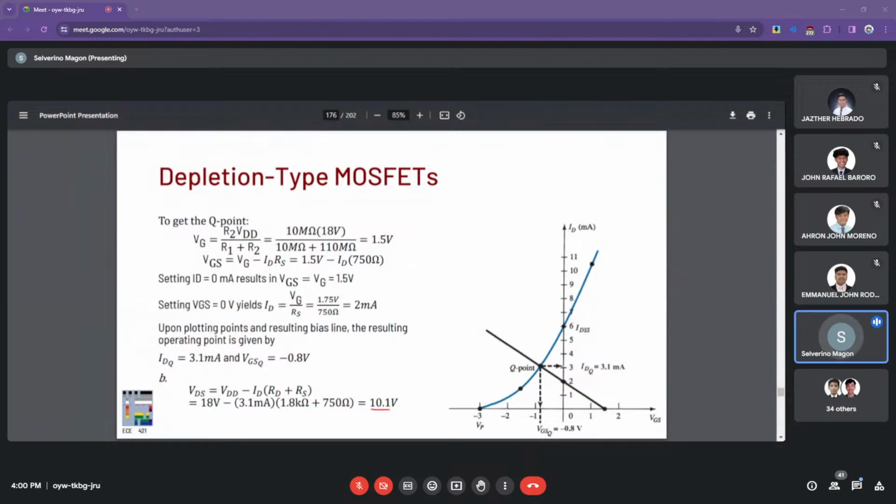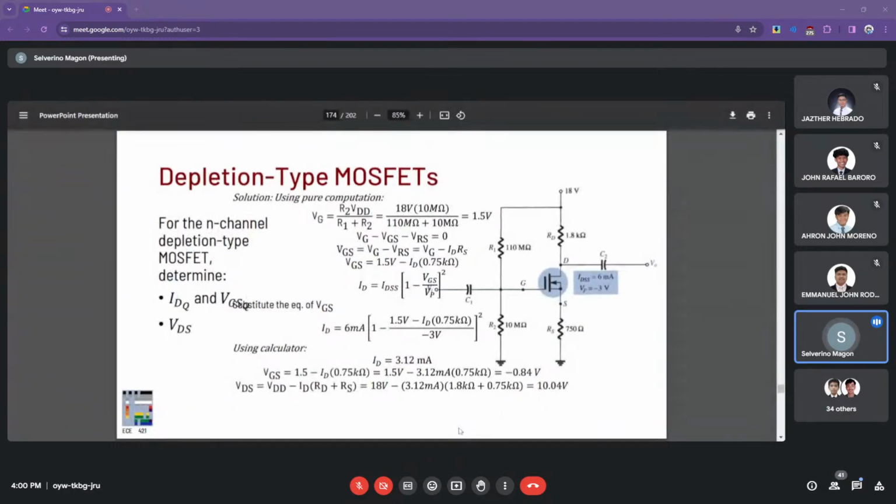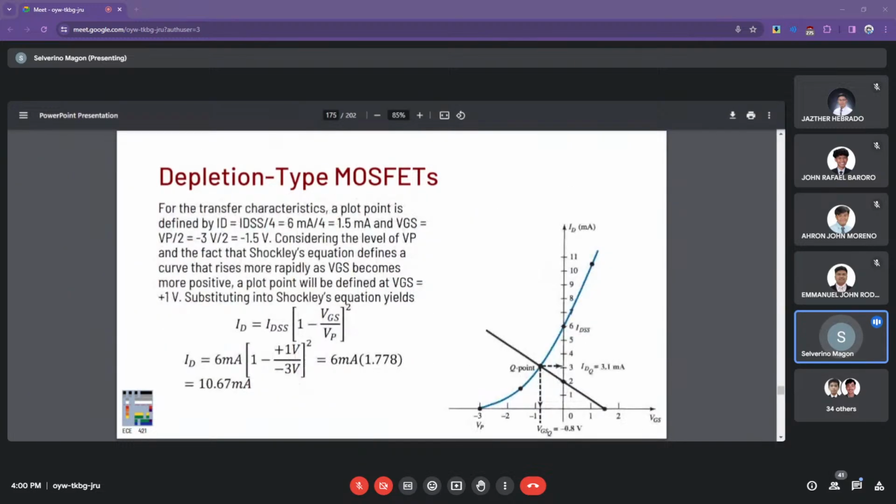Now in this case, we can solve similarly for VDS using the output loop, VDD minus IDRD minus IDRS, and we can come up with around the same thing, 10 volts. Very little difference between the graphical method and the analytical one, at 10.4 volts.